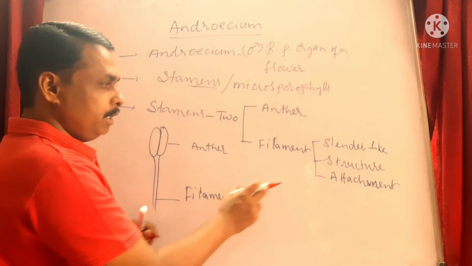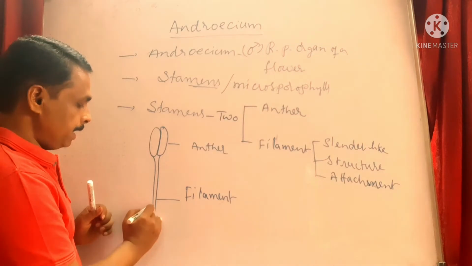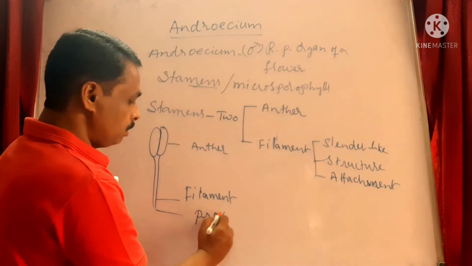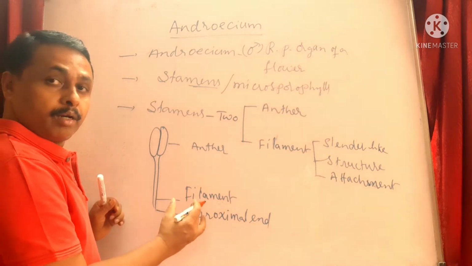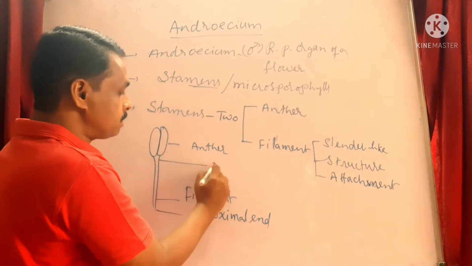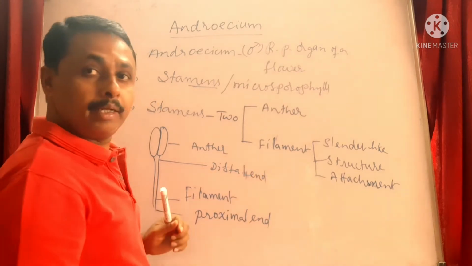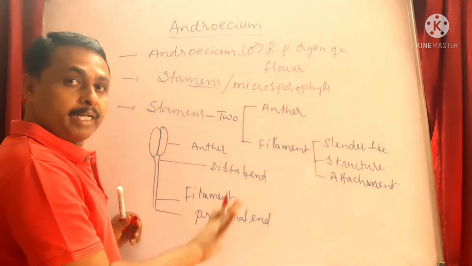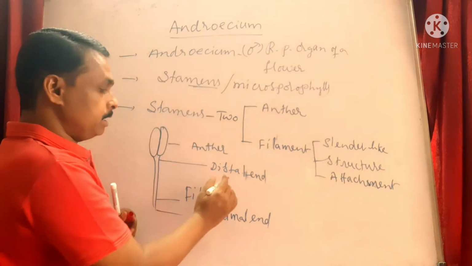Right. See, in the filament we can see two ends. The end by which it will be attached to the floral organs of a flower is called the proximal end. The end towards the anther is called the distal end.